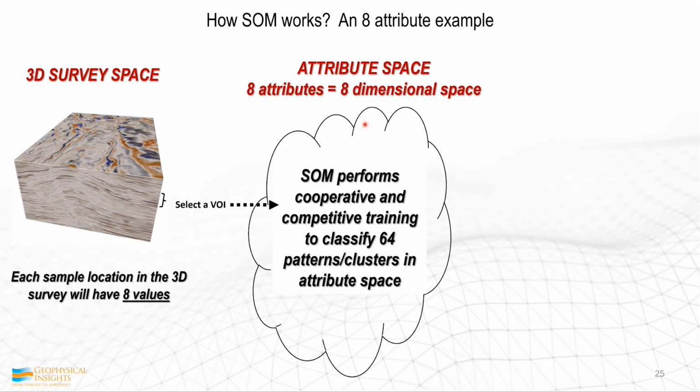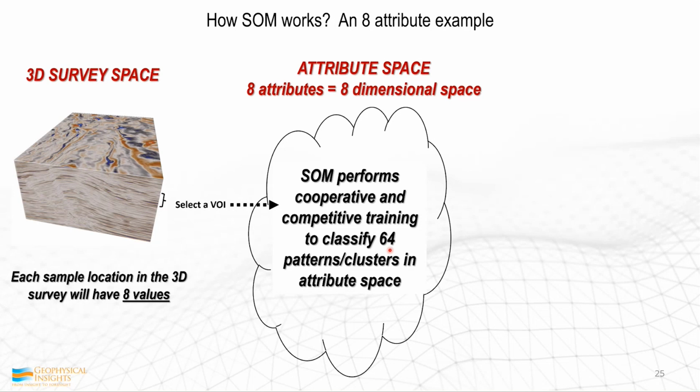The SOM process performs cooperative and competitive training to classify patterns and clusters in attribute space. The SOM introduces neurons into attribute space, and through epochs of cooperative and competitive training, it classifies every sample in the volume in attribute space. The 64 patterns is selected by the user, and that is something we commonly use, and it's going to show up in the 2D color maps that we're using.